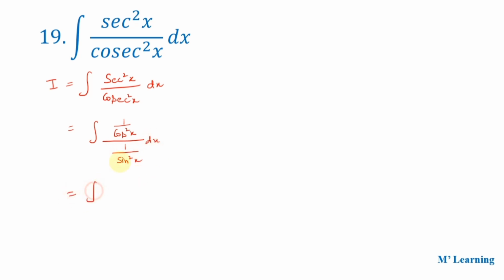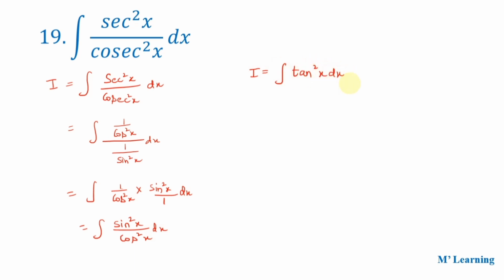So just solve this, we'll keep the numerator the same, meaning 1 by cos square x. Instead of the main fraction we'll put multiplication and reciprocal the denominator, so we get into sin square x by 1 dx. Basically it becomes sin square x into 1 is sin square x by cos square x, and we know that sin x upon cos x is tan x, so we can write I equals integration tan square x dx.